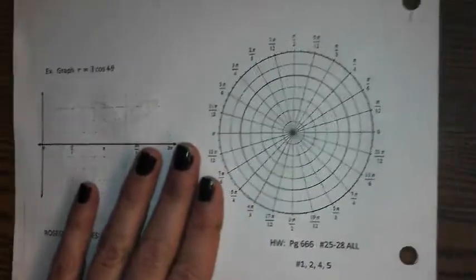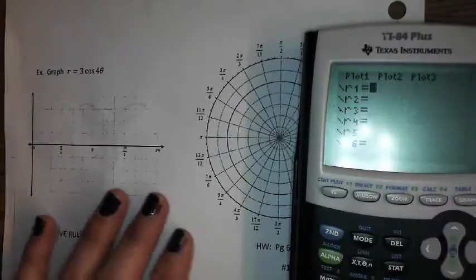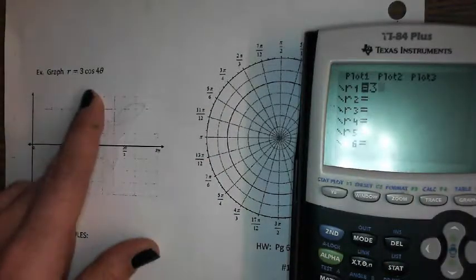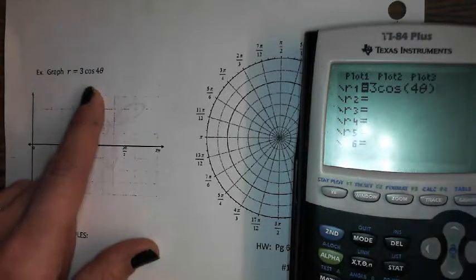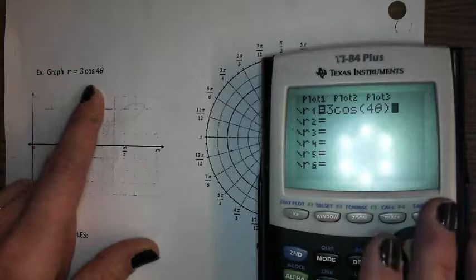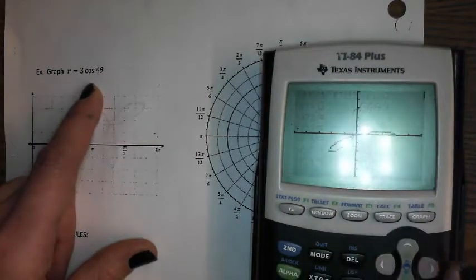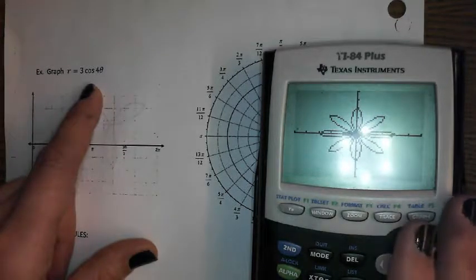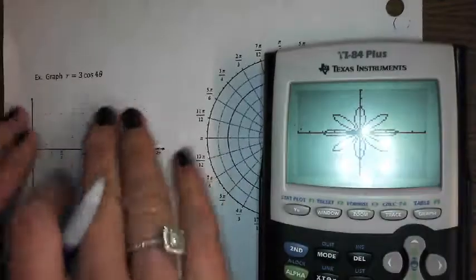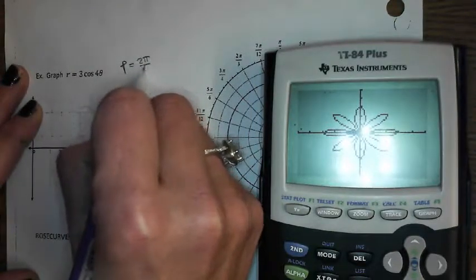We expect that this one should have how many petals? 3 cosine of 4 theta. And do we expect the petals to be on the x-axis? Great. Good stuff.